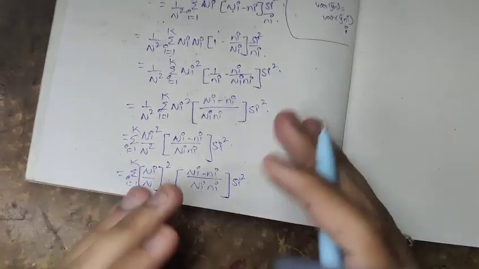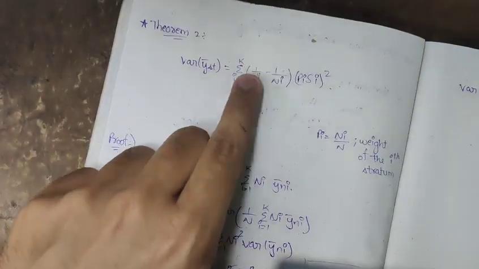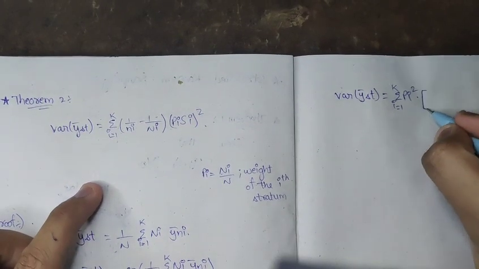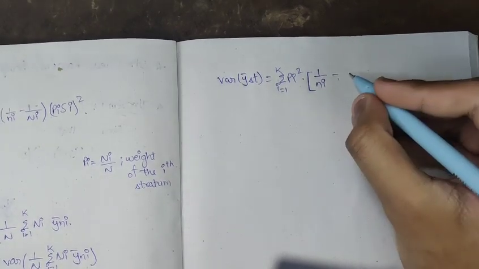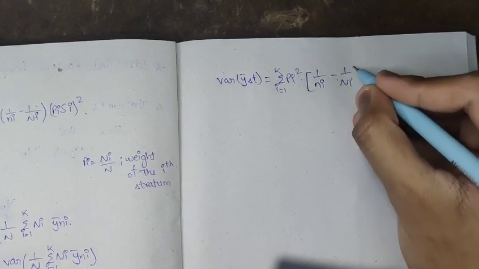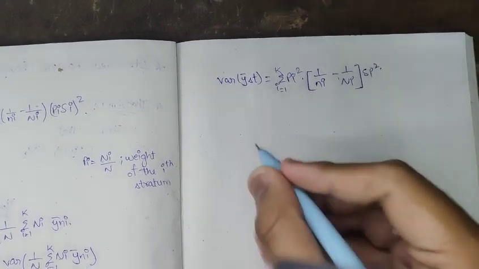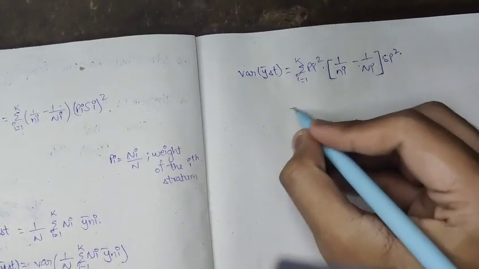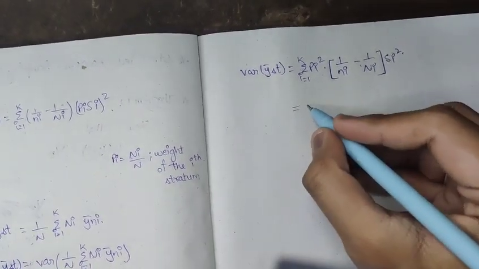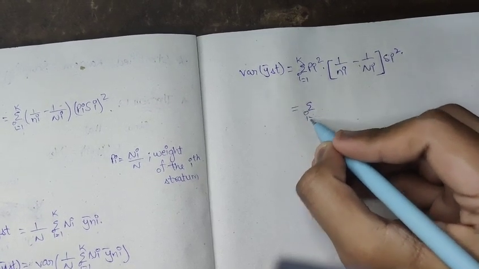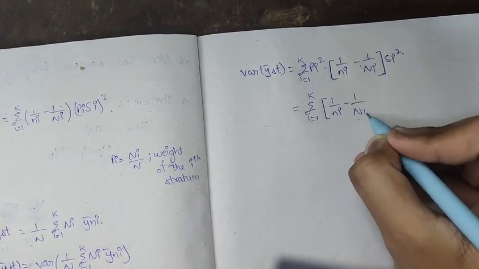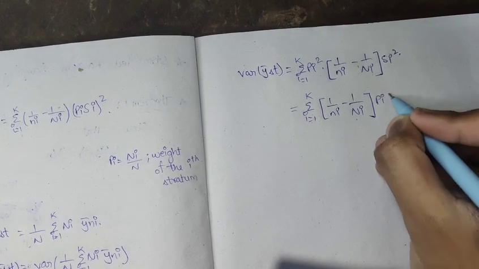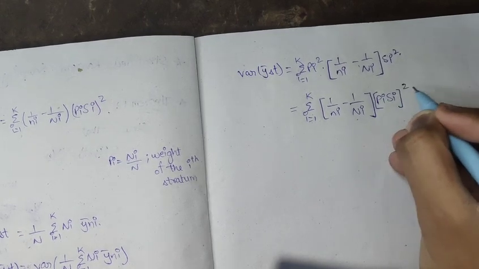If we write it in a different way to fit our proof, we can simply write it as 1/n_i minus 1/N_i, and there is an S_i² outside. Written exactly as we need for our proof, it is the summation from i = 1 to k of (1/n_i − 1/N_i) P_i² S_i².